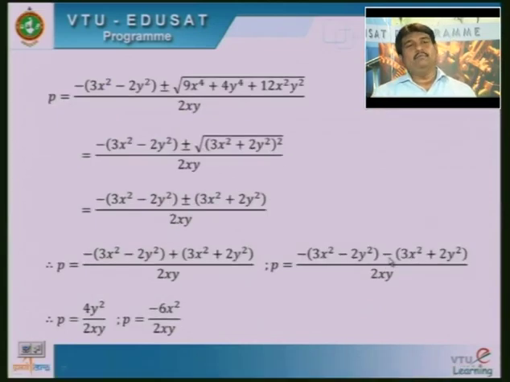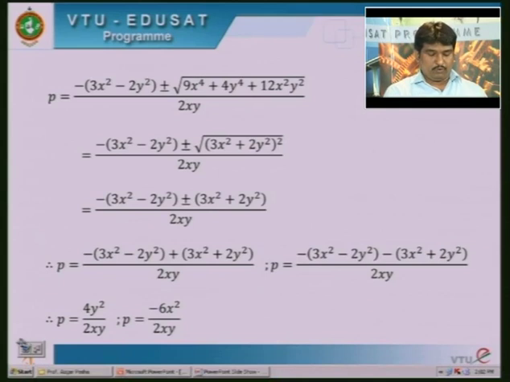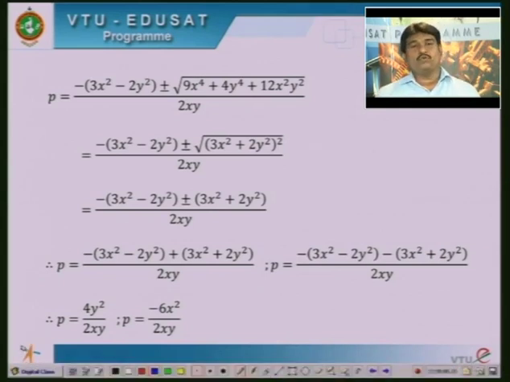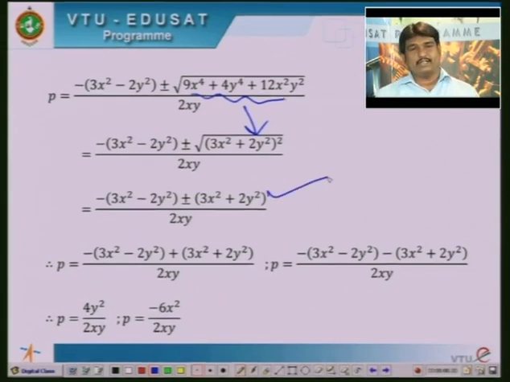This is nothing but (a plus b) the whole square, a being 3x square and b being 2y square. So you write that as the square root of (3x square plus 2y square) the whole square, which gives minus of (3x square minus 2y square) plus or minus (3x square plus 2y square) divided by 2xy.